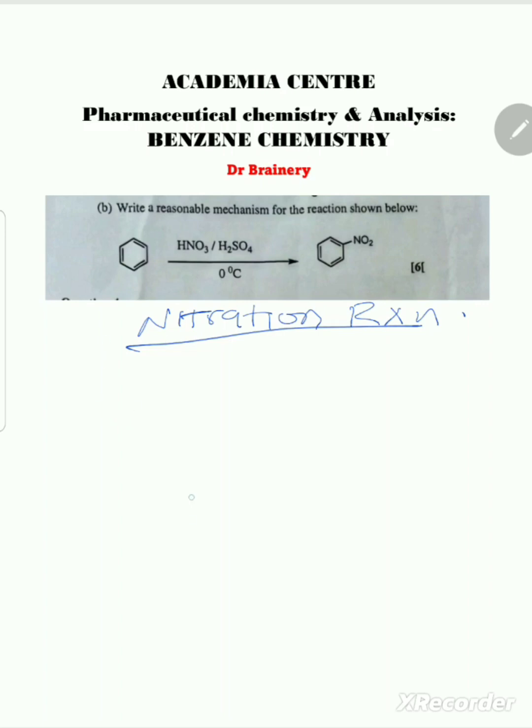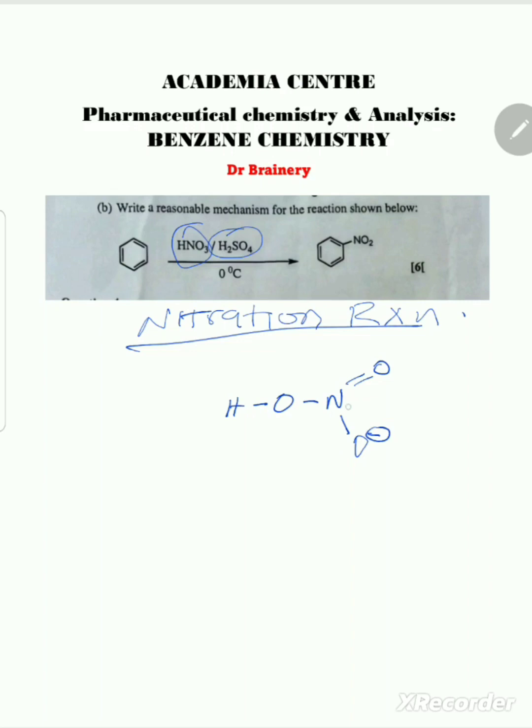an electrophile. How? I'm going to get nitric acid. This is nitric acid and this is sulfuric acid. Don't forget that. And it is taking place at a condition which is 0 degrees Celsius. So here it's like this.